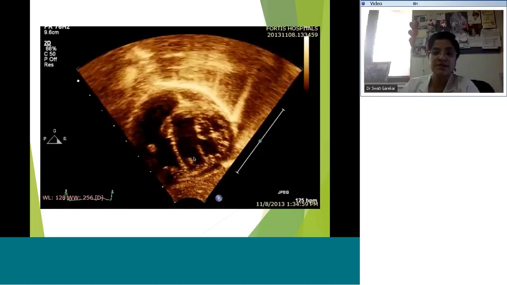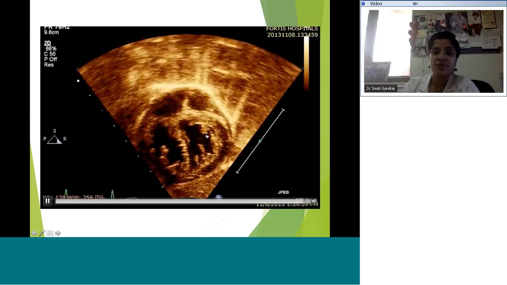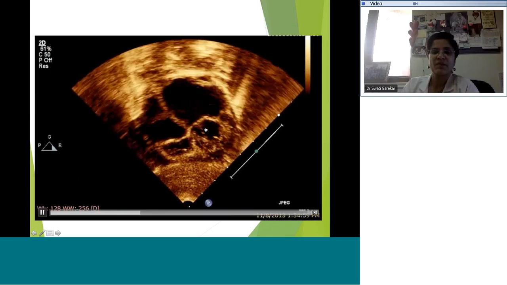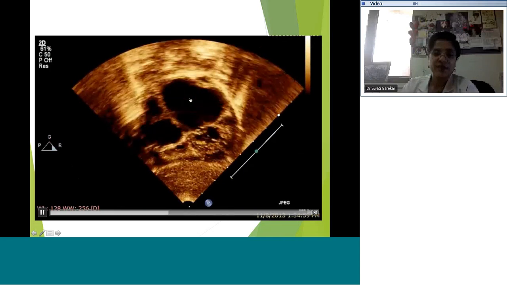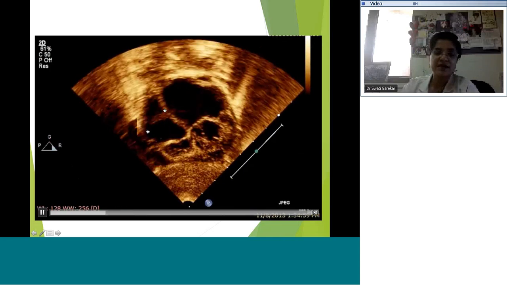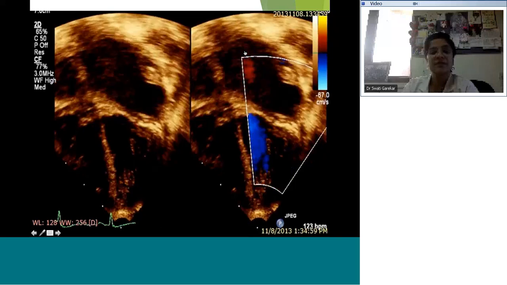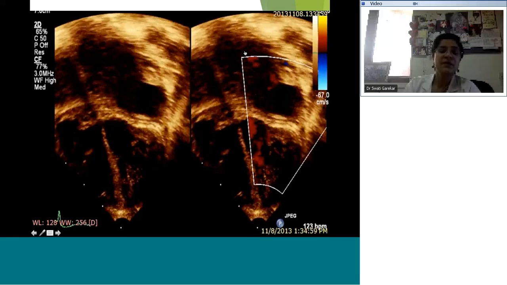So I'll just take you through some clips. That's the left ventricle, mitral valve opening there. Overall, the mitral valve doesn't seem to be opening well. Our eyes are also drawn to the fact that the left atrial area is larger than the right atrial. In normal people, the left atrial and right atrial areas are approximately equal. So that becomes very useful because we can immediately eyeball and say whether the LA is enlarged or not.